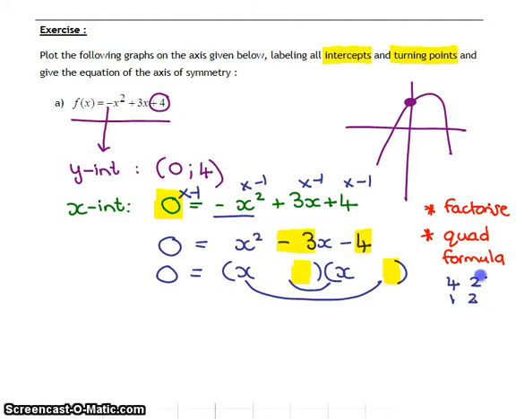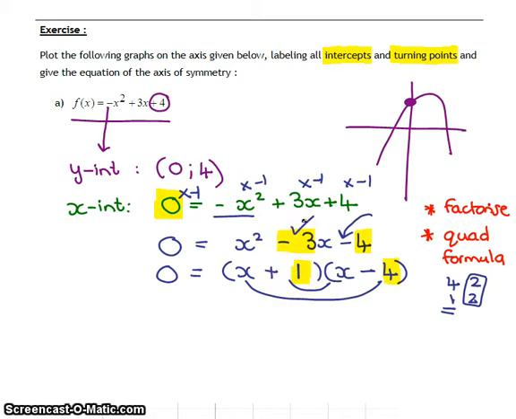Now, there's no way that 2 and 2, adding or subtracting, are going to get me to minus 3. So I think I'm working with 4 and 1, and clearly one must be negative and one must be positive, and I think I need minus 4 and plus 1, so that when I multiply out I have minus 4x plus 1x, and I get my minus 3x.